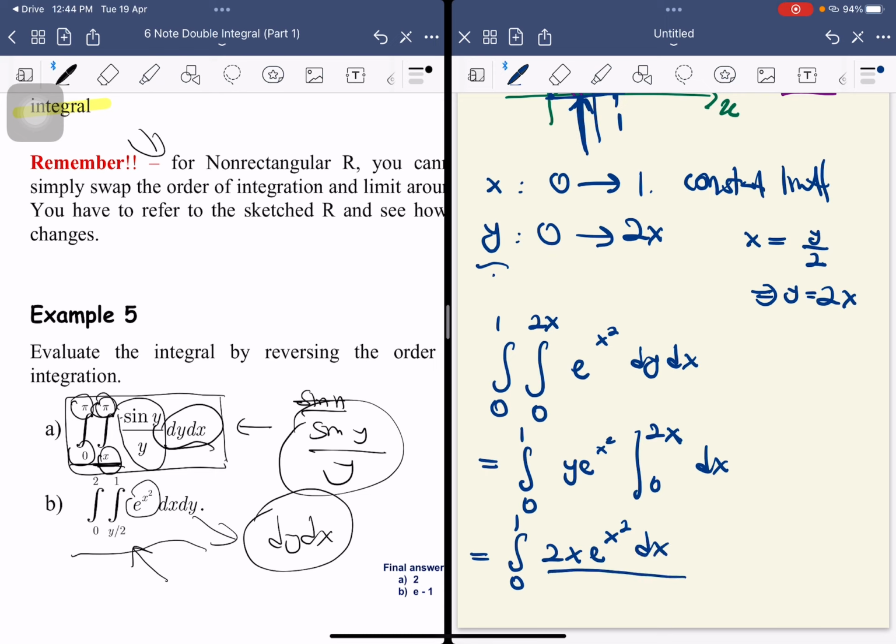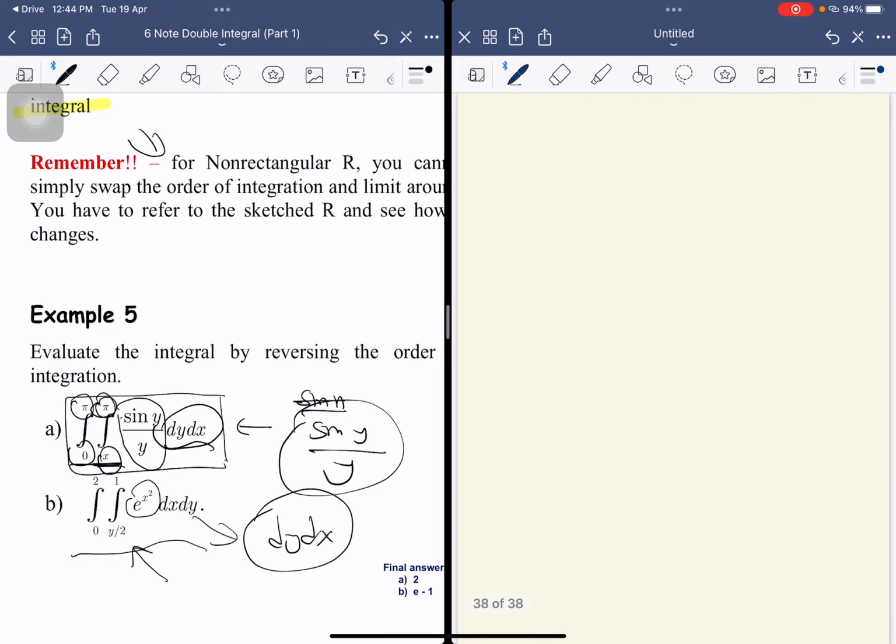In this form, we use the substitution method. Let u equal to x squared, so du equal to 2x dx, or du over 2 is equal to x dx. Then you can replace this part, so we have 0 up to 1, e to the power of u du.